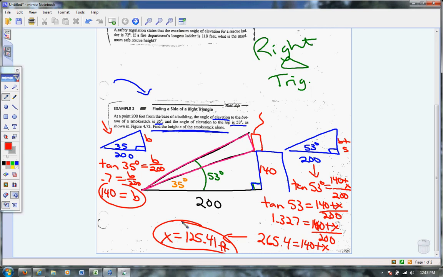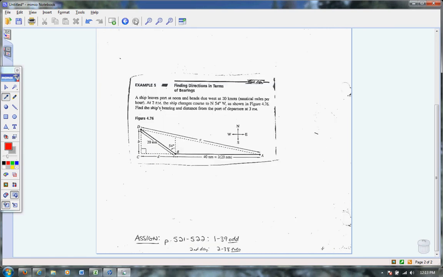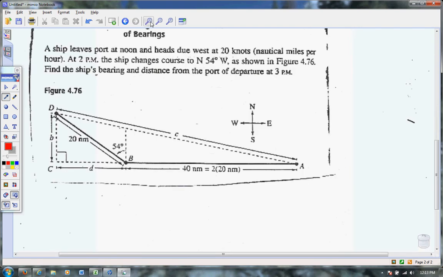One more problem that I just want to get you started on is this one right here. A ship leaves port at noon and heads due west at 20 knots. That's like 20 miles per hour, basically. At 2 p.m., the ship changes course to, and this is what I want you to see right here, N 54 degrees W. What does that mean?